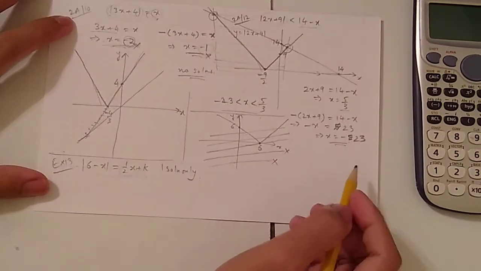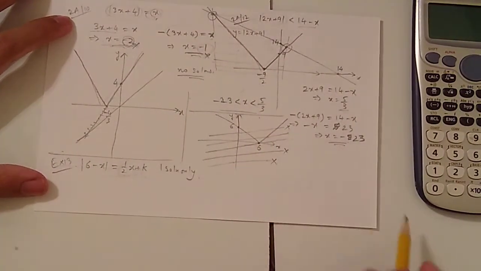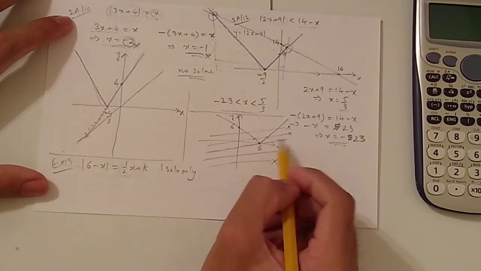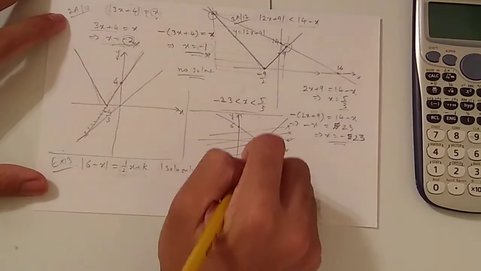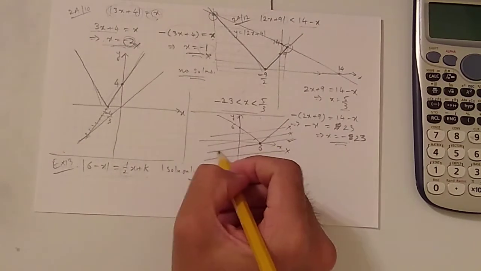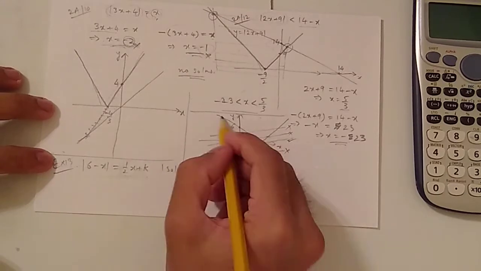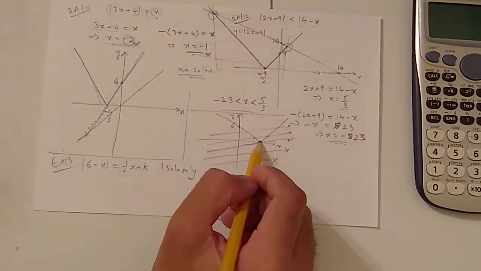This is also not the answer. The very top one is also not the answer, because it has two points of intersection. This also has two points of intersection, so it is not the answer either. This over here is definitely the answer, because it intersects at just the vertex. It is just touching the vertex and has only one point of intersection. So this line with gradient half touching the other graph at just one point is the graph that you need to find.